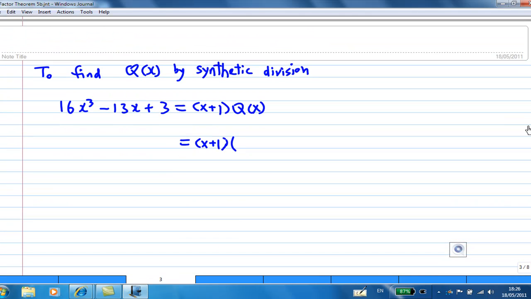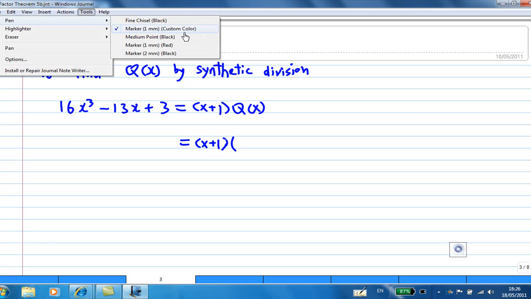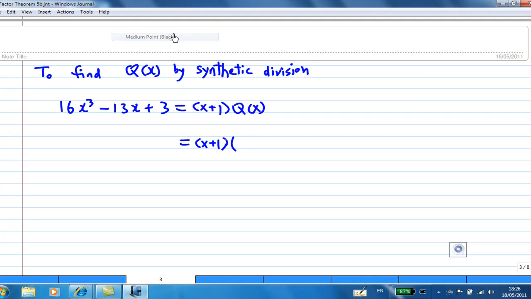How to find the quotient q of x? This time, I'm going to use synthetic division. So how do I do that? I'm going to copy the coefficients of p of x: 16 for x cubed, and then there's no x squared, so 0, and then minus 13 for x, and 3.